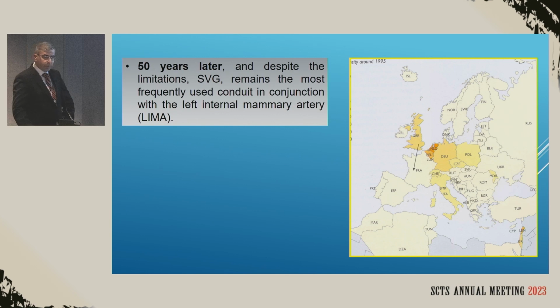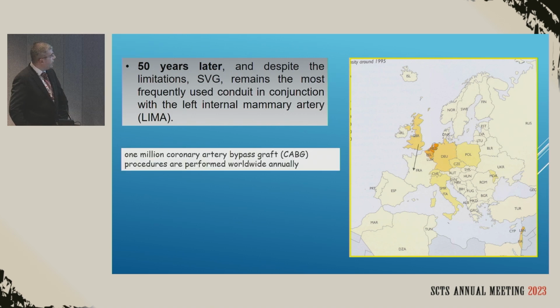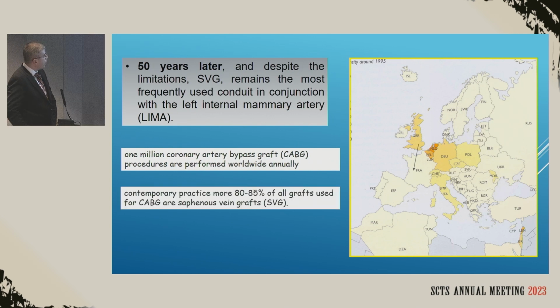However, despite these very poor results, as already alluded to by the previous speakers, we still use saphenous vein graft as the most common second conduit in CABG after Lima. And there are around 1 million CABG procedures performed worldwide annually.